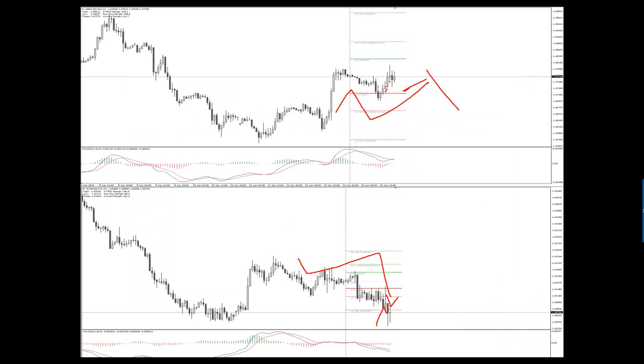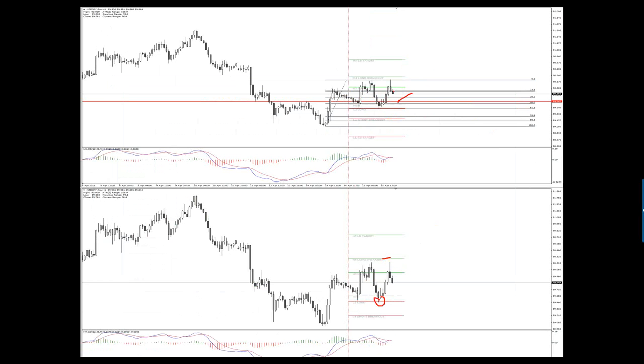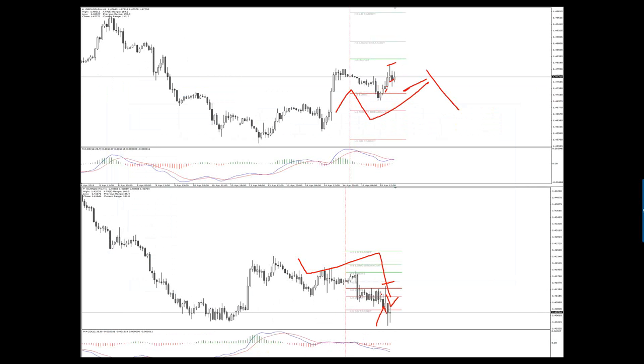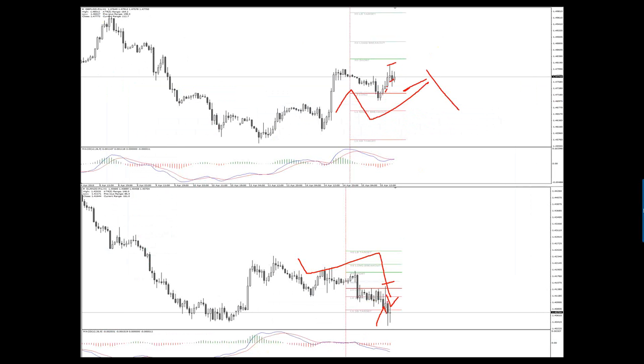So the third candle went up here, this candle went up, but then it dropped because the correlation is not minus 60, let's say, or minus 70, it's minus 43. So the pair can correlate in the same direction in pound dollar, but it will not last for long. It will be short-lived. Usually when correlation is minus 40 plus, at some point the pairs would go in the opposite direction.